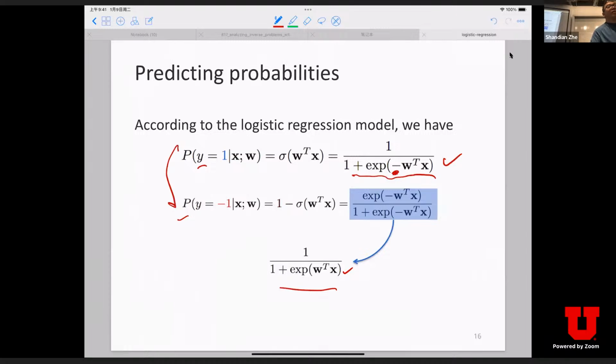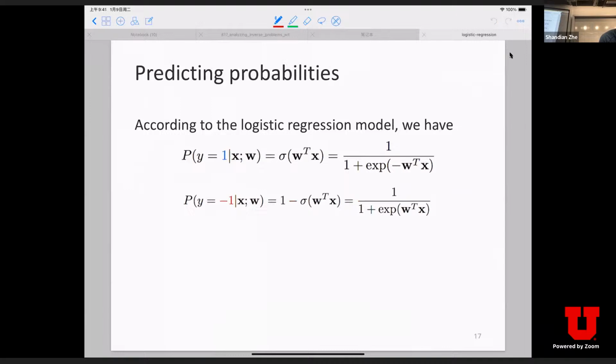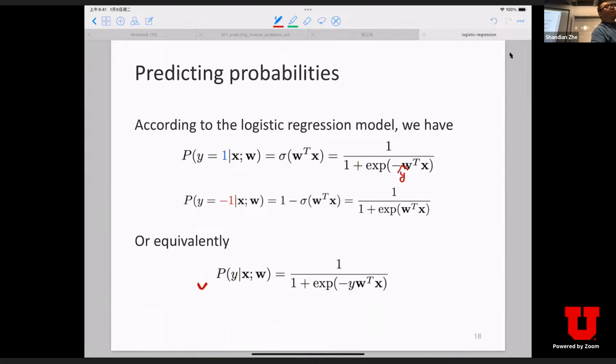Oh yeah, you're right. So the idea is that I'm going to multiply this score by y. Then you can see that this form covers both cases: one case is y is 1, one case is y is minus 1.